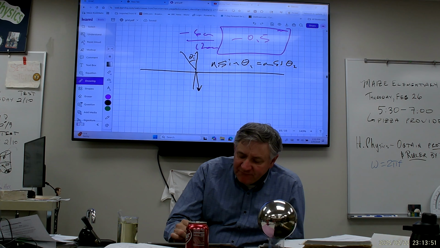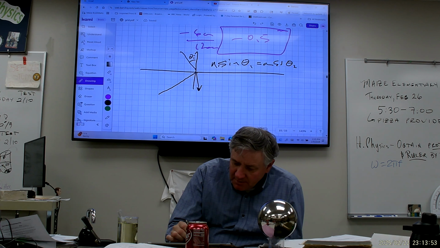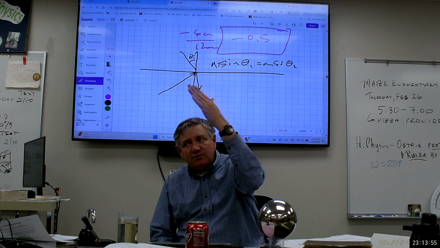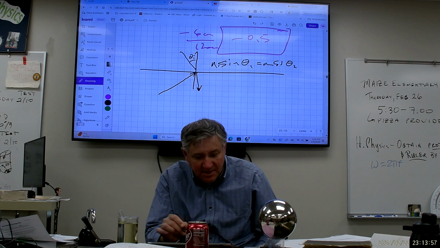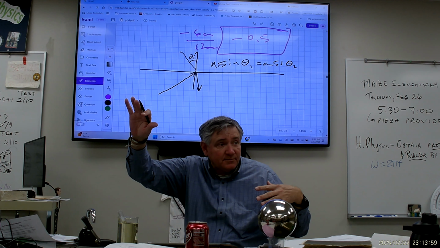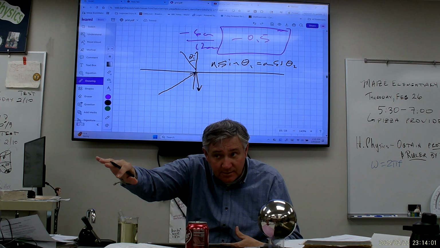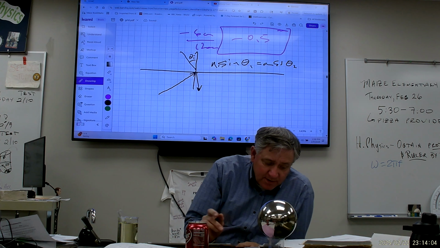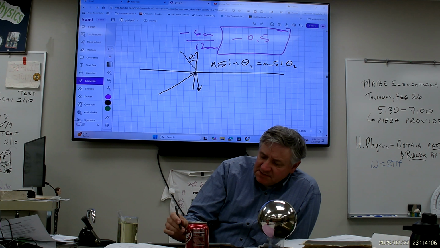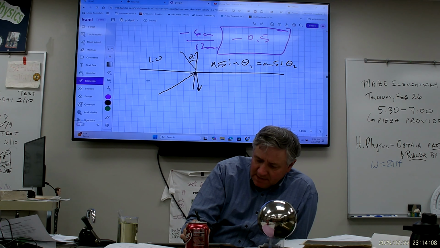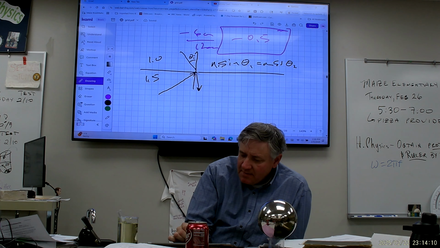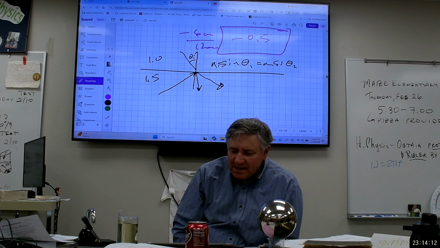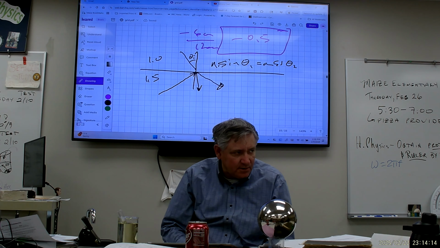But if I shot it from the glass trying to go out into the air, now if I reverse it, then I could. So if you reverse it, and let's say this is 1, and that's 1.5, then it can reflect. I can find that angle where it stays totally within the glass.